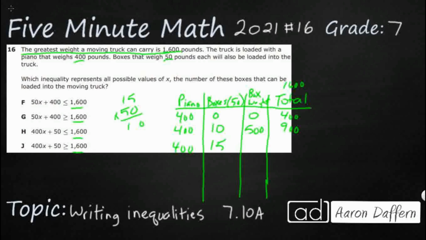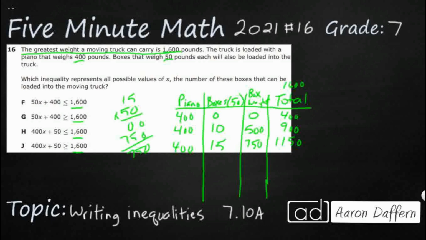Okay, so 750, and that's 1150. See how I'm getting closer? Now, if I was wanting to know how many boxes I can put there, I could eventually get there, but it's kind of a guess and check is what it is. I might get a little bit more. I can't get any bigger than this 1,600.